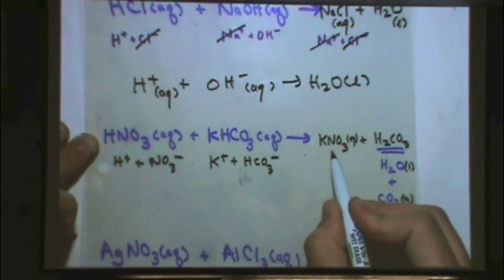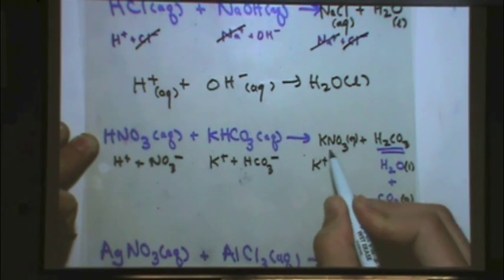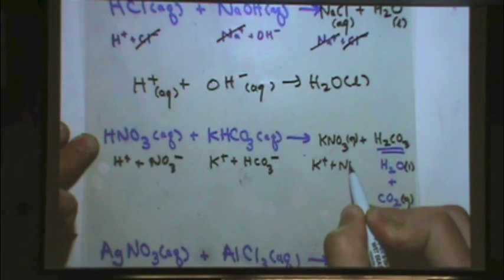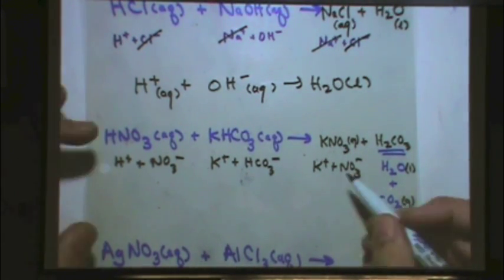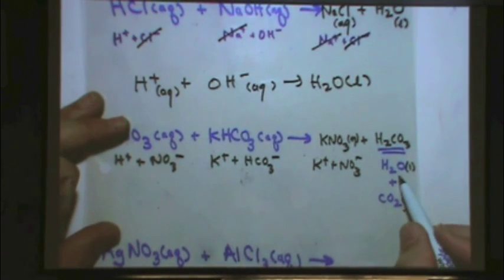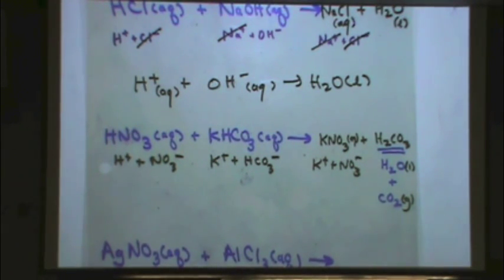This one? Yes, aqueous ionic compound. Remember, it's ionic if it has a metal in it. So you're looking for a metal. Potassium's the metal. Water's not. How about CO2? No, why not? It's a gas. Gases are not good electrolytes.